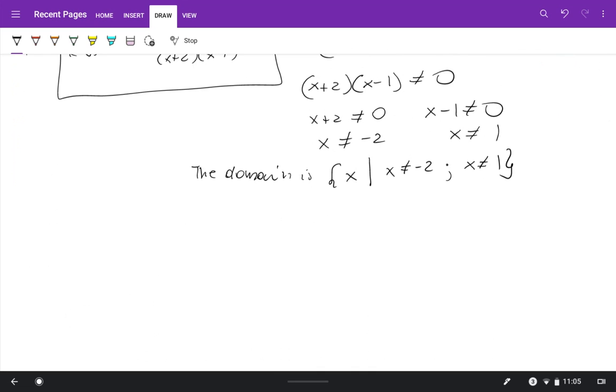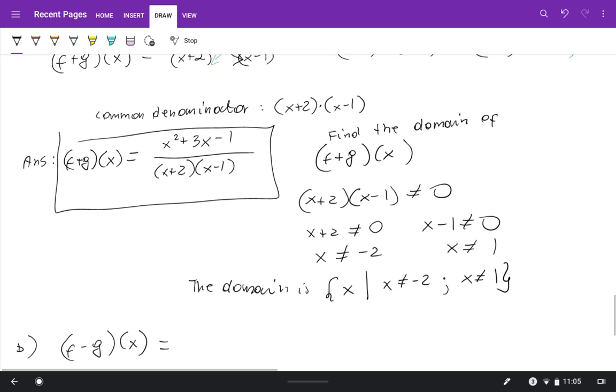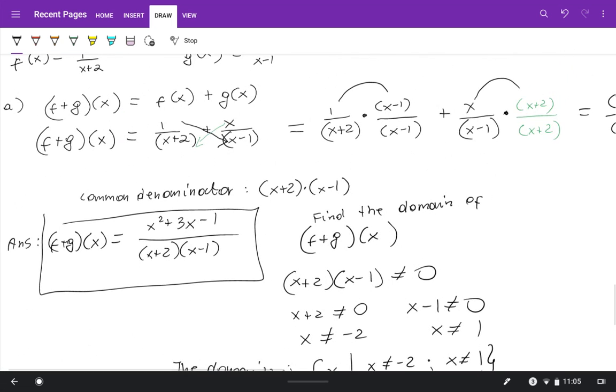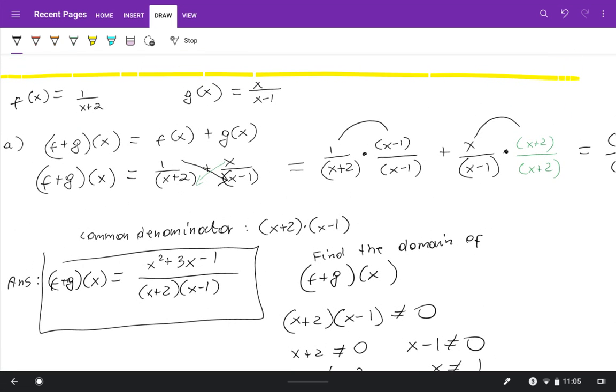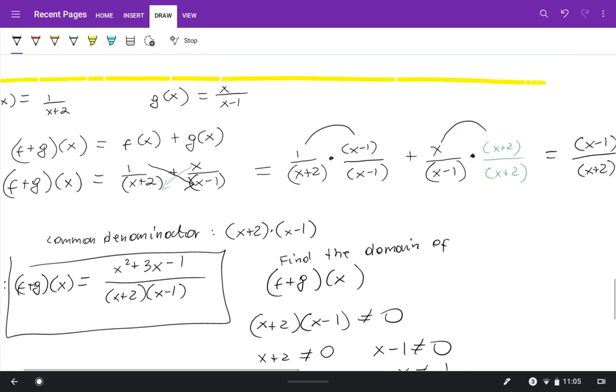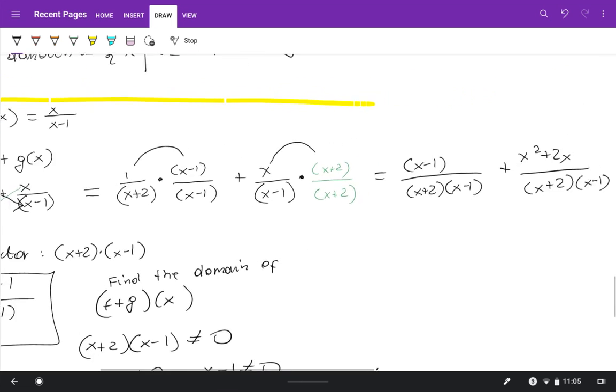Okay, let's do B. In B, they ask you to find the difference. You guys don't want to do your work twice, because look what happened. In part A, we found the sum when we added the f plus g two equations together, and we did that by creating a common denominator.